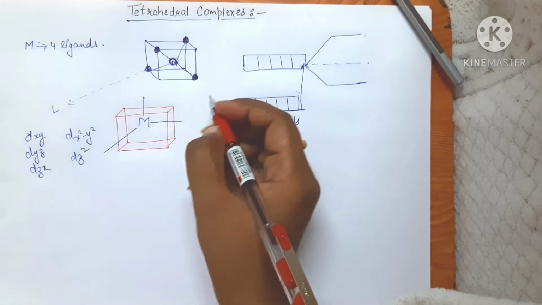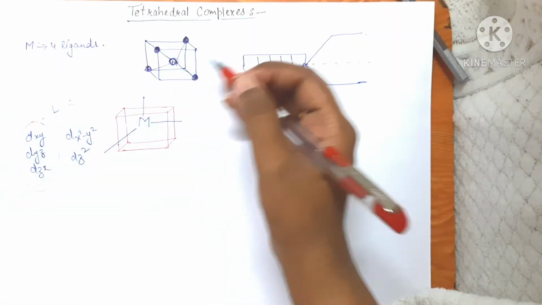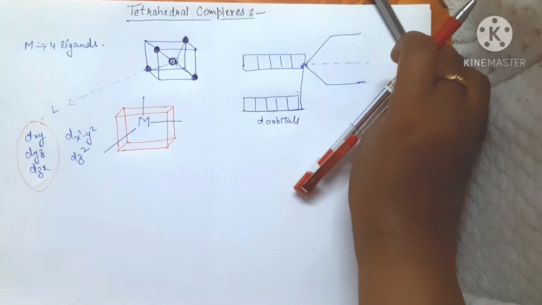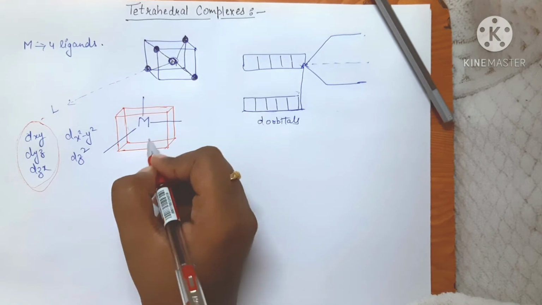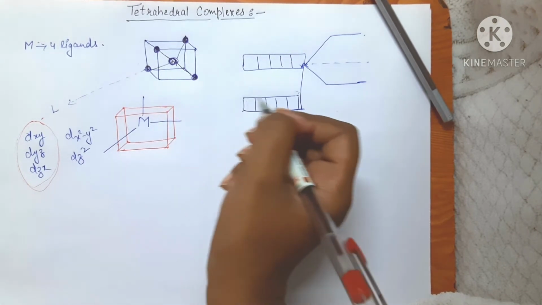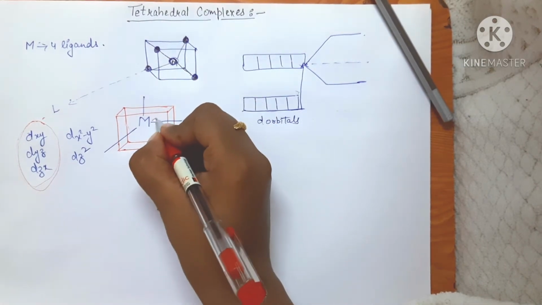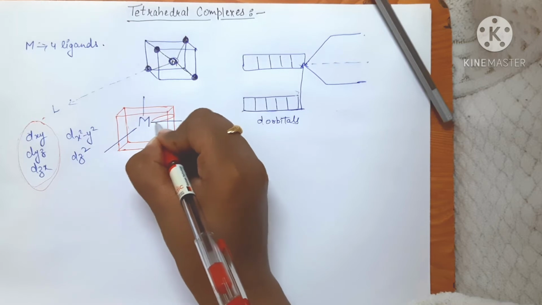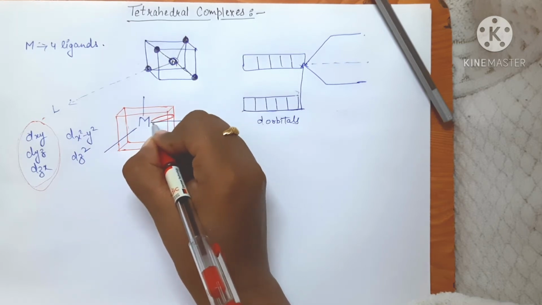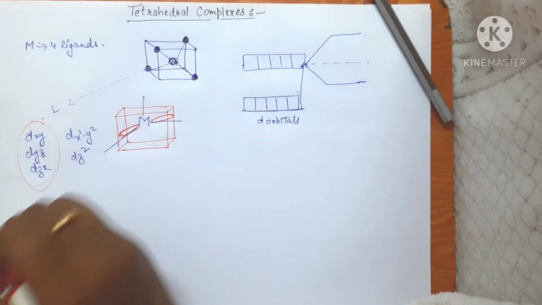Now what happens? These are the 3 d orbitals which are present in between the axes. So if I want to show their orientation, what would it look like? They will be present like this, right? Actually these are in between the axes, so they will be oriented like this. I am showing only one of these orbitals.